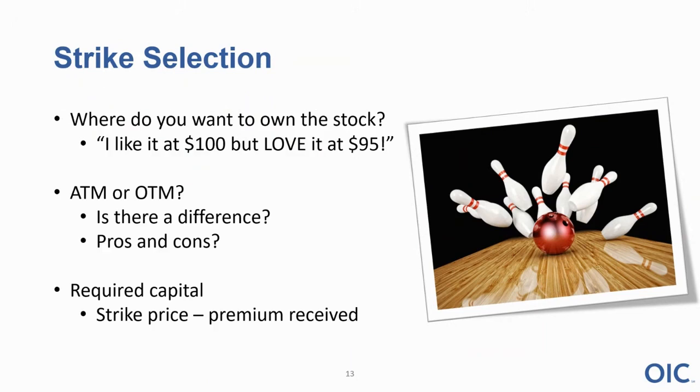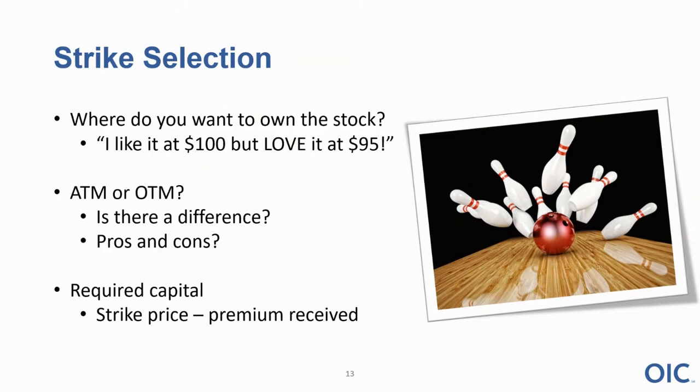Question number one is, where do I think the stock is going to go? Is it going to go up? Is it going to go down? Is it going to go up by $2 or $10, 5%, 20%? So where is the stock going to go? That determines what strike you're selecting with whichever strategy you decide to engage in. So where do you think the stock is going to go?